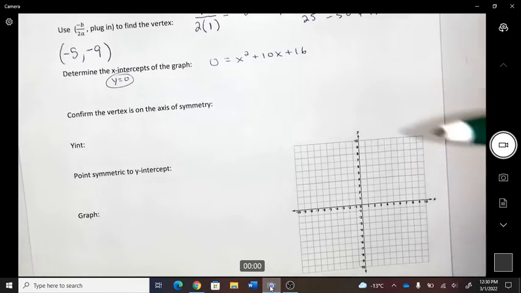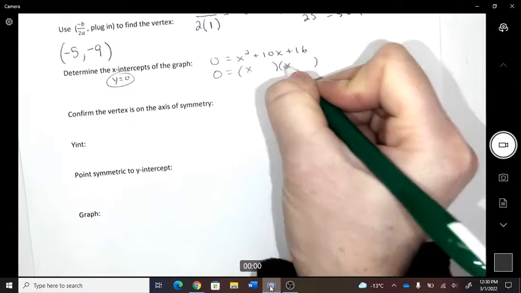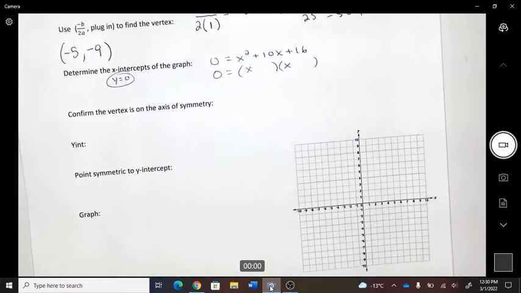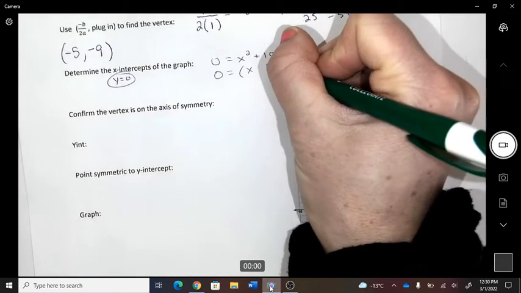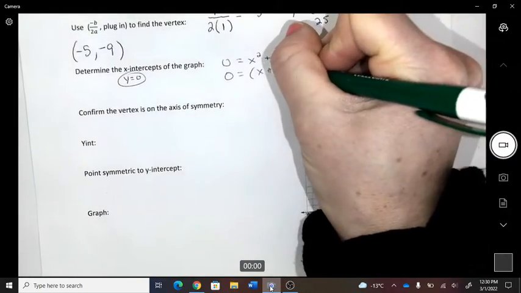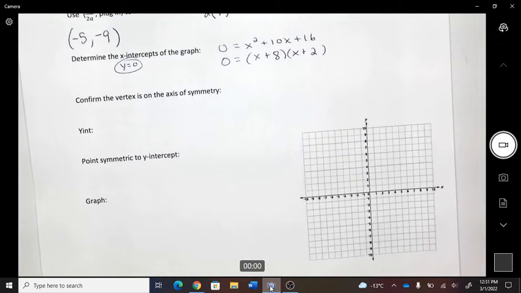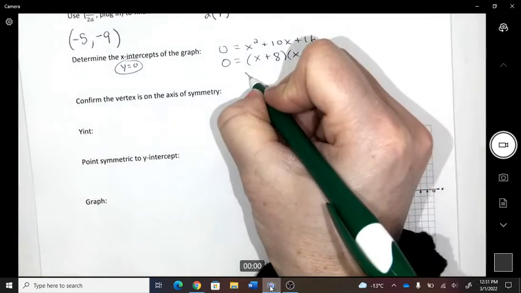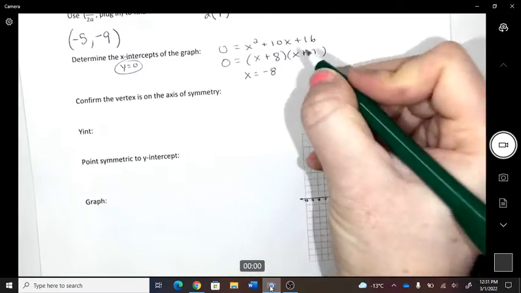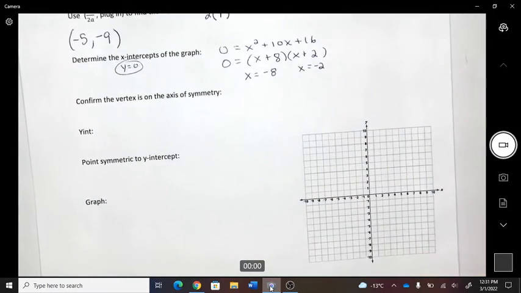You can't do that. So 2 brackets, XX, multiplying to 16 and adding to 10 is what you're thinking about. So 8 times 2 would work if they were both positive. So here the X-intercept should be a negative 8, and on that one it would be a negative 2.